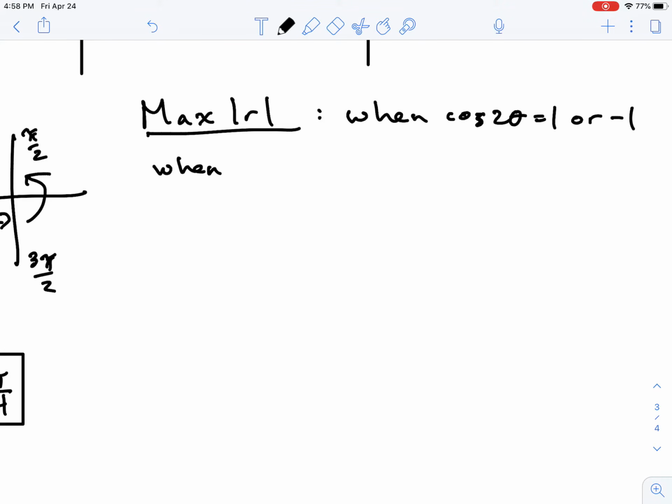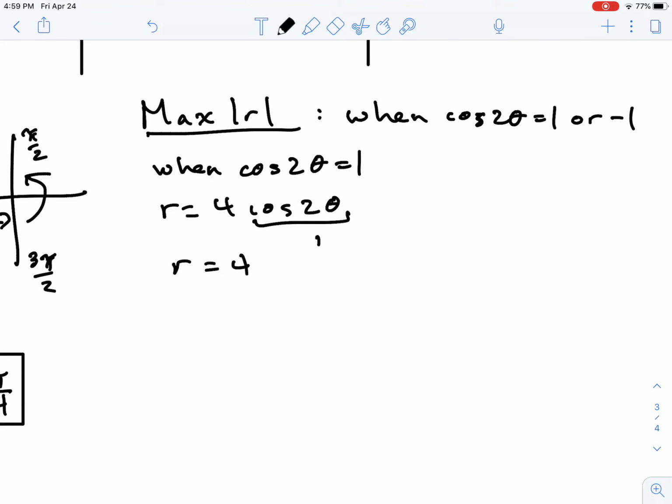So let's consider those two situations. When cosine of 2 theta is equal to 1, our original equation is r equals 4 cosine of 2 theta, so our maximum r value here is 4. And the absolute value of 4 is just 4, so we'll write that.